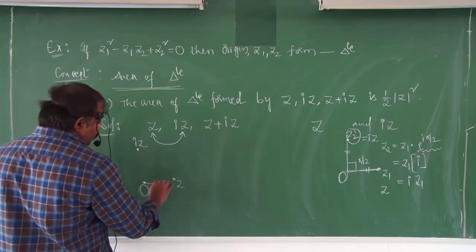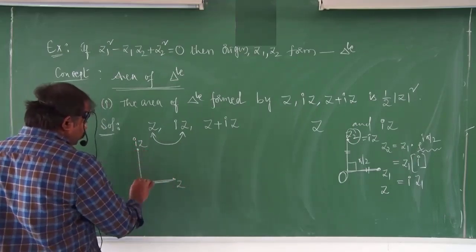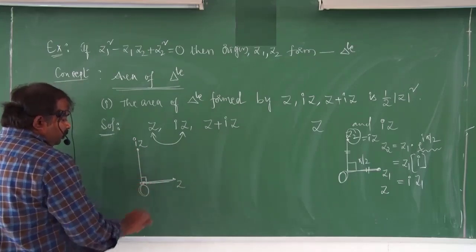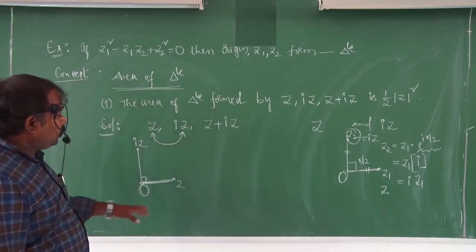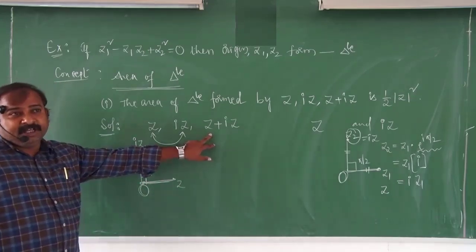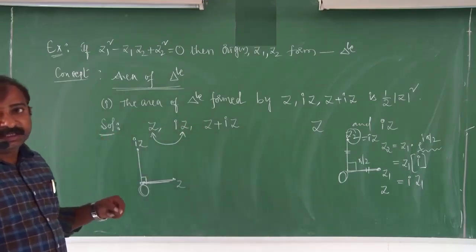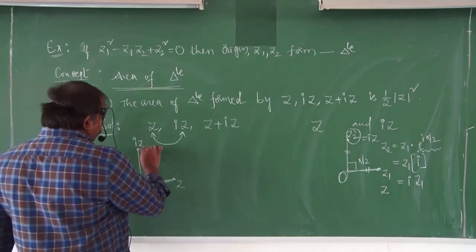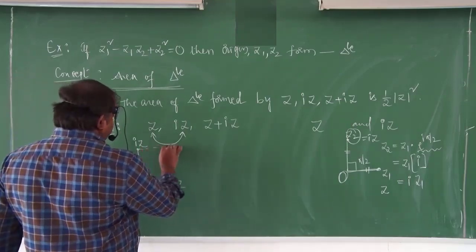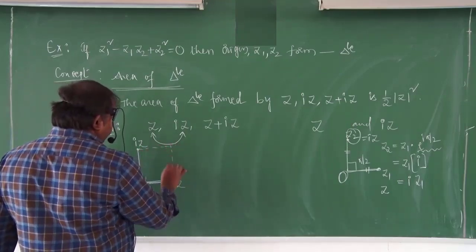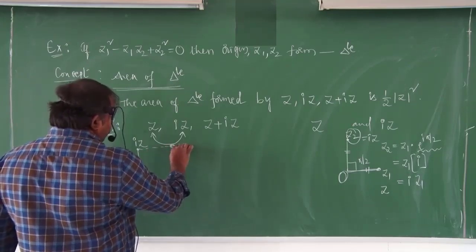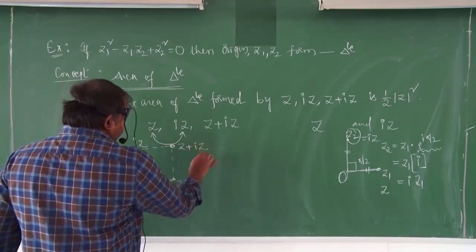Now what is the angle between these two? 90 degrees. Now according to this logic, Z plus IZ means completing the parallelogram. Of course here it will be a square. This is the location of Z plus IZ.